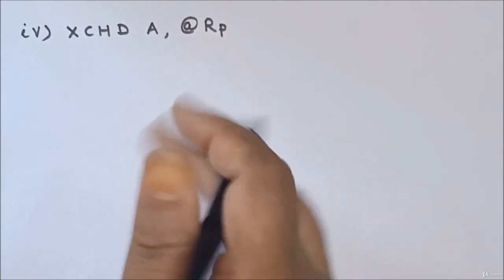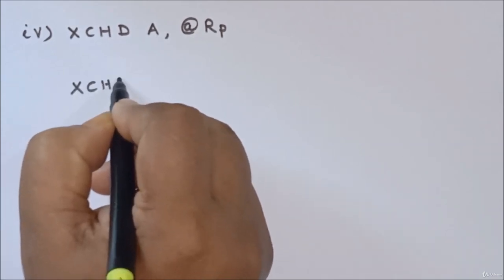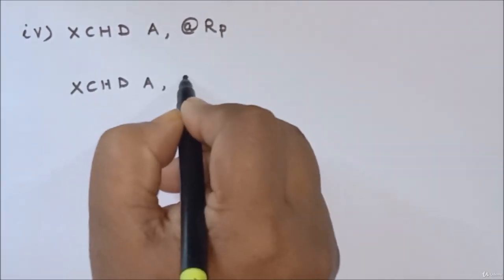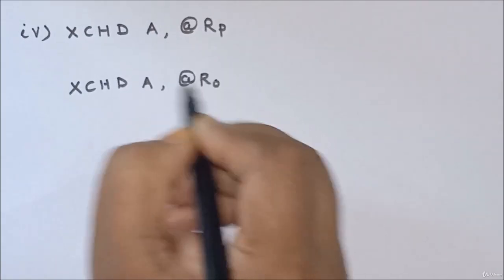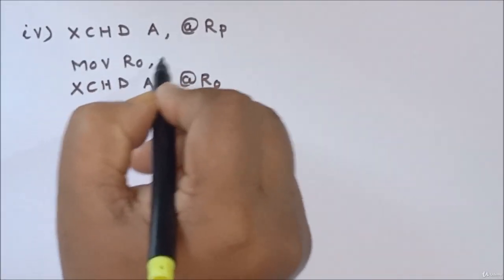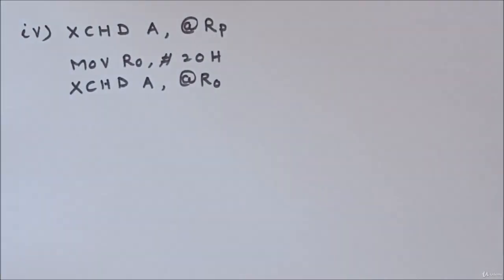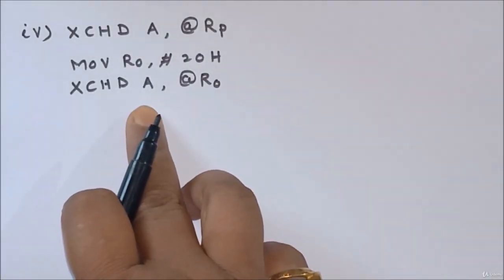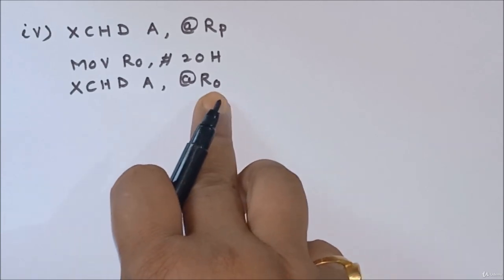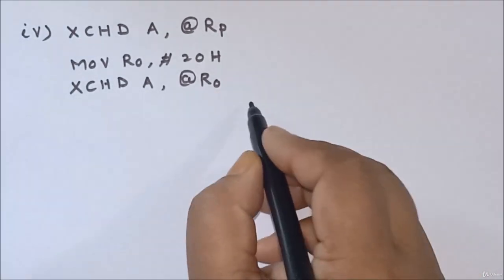For example, suppose I write the instruction XCHD A, @R0, and before that we have to initialize R0 with the address of a memory location, suppose 20H. So the lower nibble of the accumulator will be stored in the lower nibble of the memory location pointed to by R0.